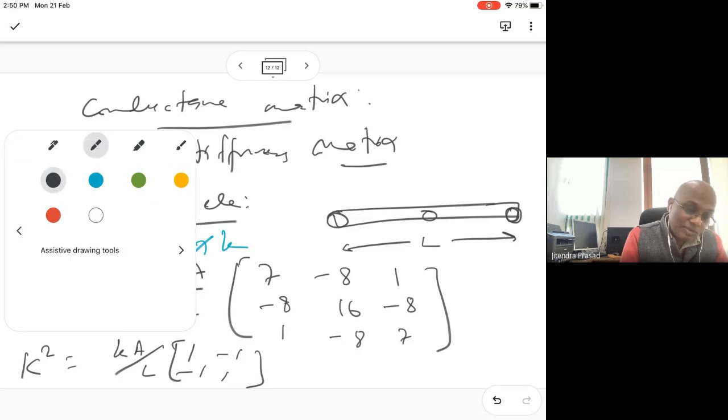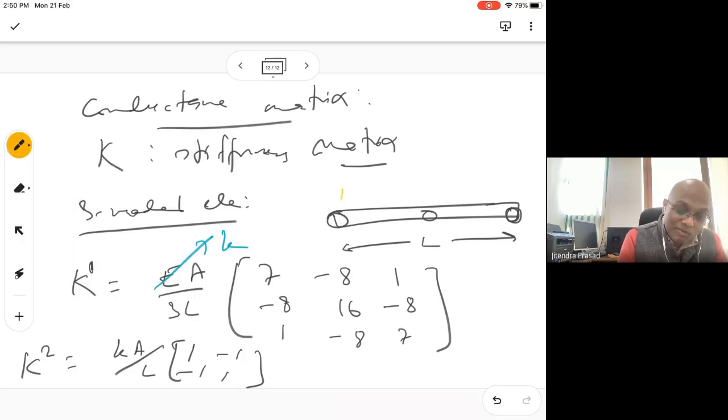Only thing is we have to consider the global numbering. We have nodes 1, 2, 3 for element number 1, and nodes 3 and 4 for element number 2.